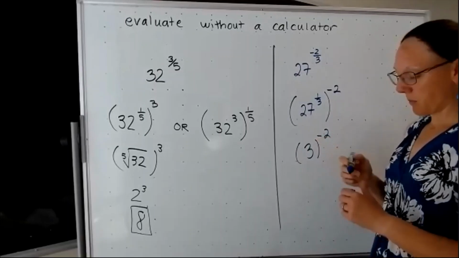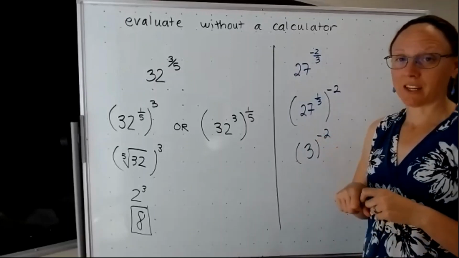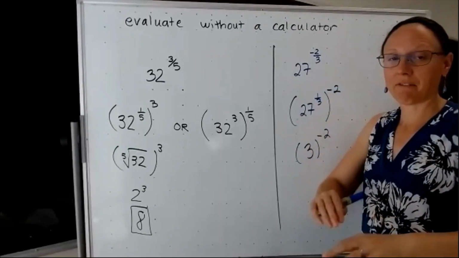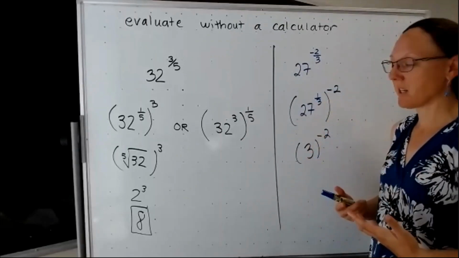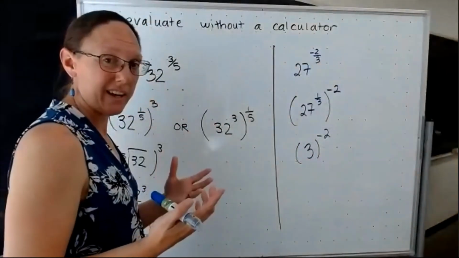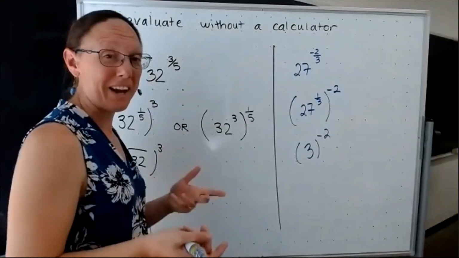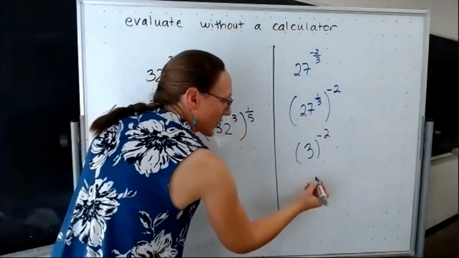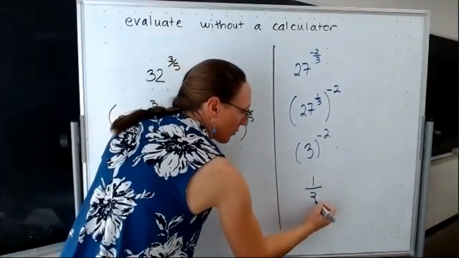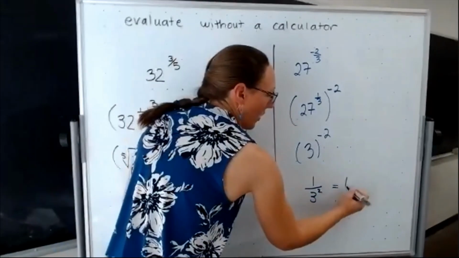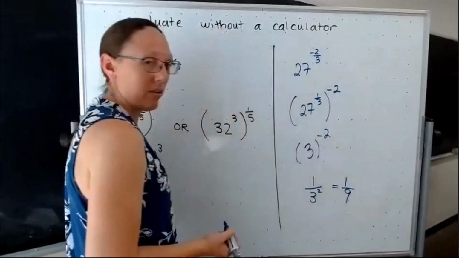That negative exponent means that really this thing is going to end up in the denominator. If I wanted to write this without a fraction exponent, without a negative exponent, this is the same as 1/3 squared, which is 1/9.